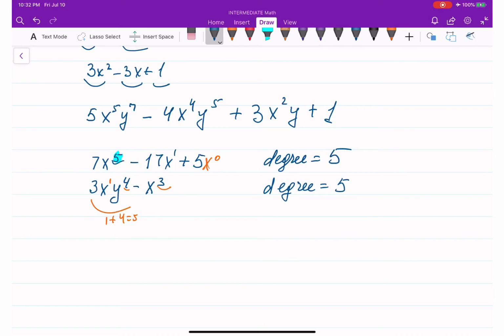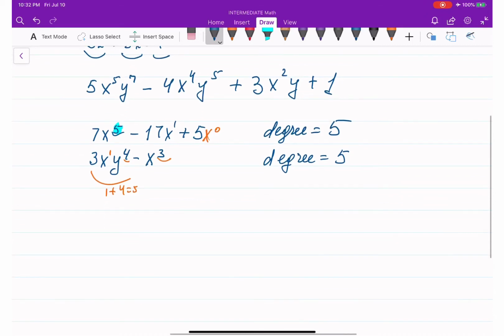Another one. Let's say we have 6x squared y cubed minus 7x to the 3 y to the 5. What do we have here? x squared, we have 2 and 3.